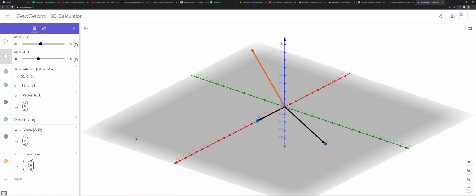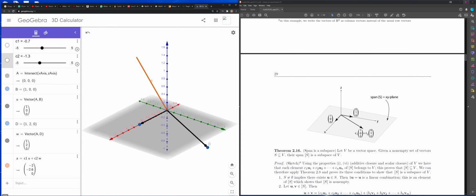This linear combination, c1 u plus c2 w, will generate the entire xy plane, since I can choose any c1 and any c2 that I want. By varying c1 and c2, I will generate the entire xy plane.